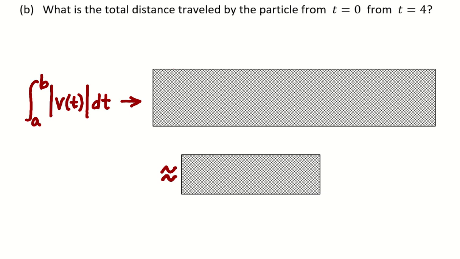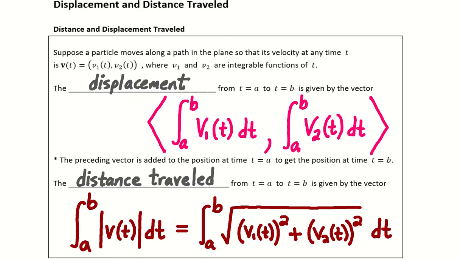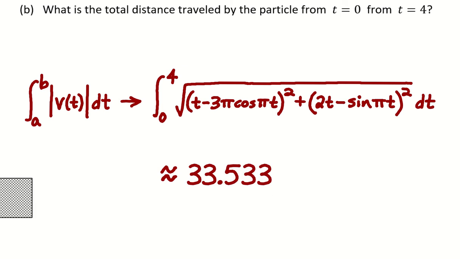Part B. What is the total distance traveled? Well, going back to our formulas, this is all we do, people. We follow the formula to the T, get it? And throw it into your calculator. I mean, this was really straightforward.